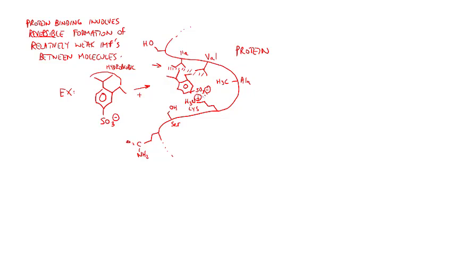And then we can have an ion pair interaction between the negative sulfonic acid group on our small molecule and the positive lysine on the protein.